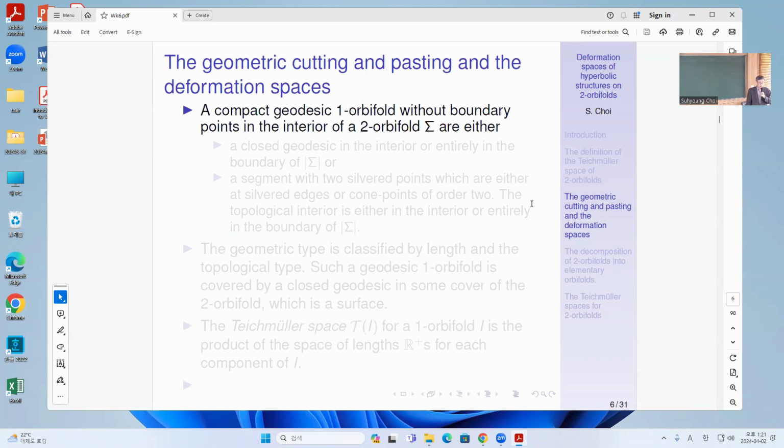So you have some compact geodesic one-orbifold with boundary points in the interior of the two-orbifold. It is either a geodesic in the interior or is entirely in the boundary of the underlying space. Such things will be in the interior, because if the boundary of the underlying space is silvered, that's the only case it can happen, then it will actually be in the interior of the orbifold, right? As an orbifold, it will be interior.